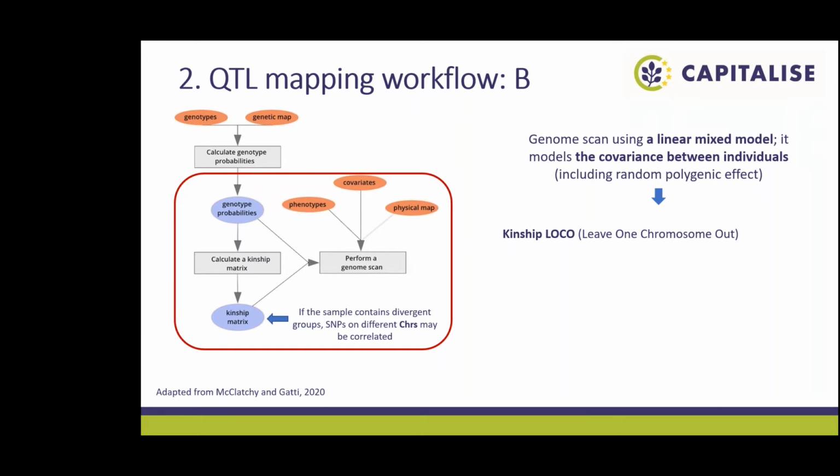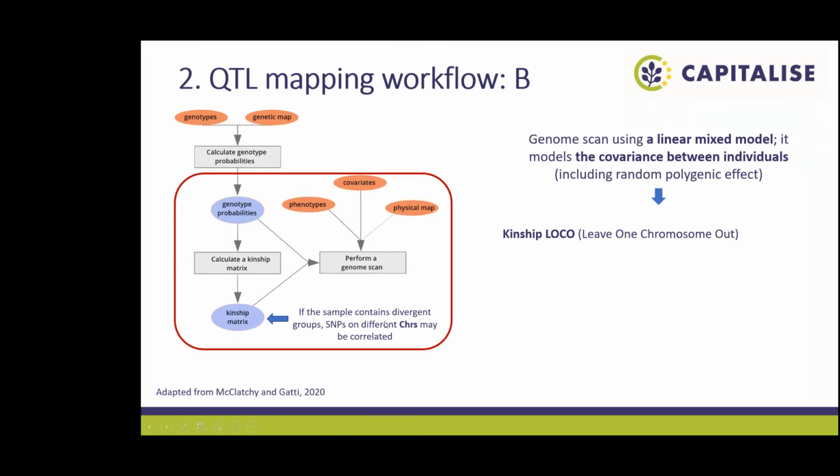So moving on, now we are ready to perform a genome scan. You can use many models. A good practice is to use a linear mixed model that takes into account a kinship matrix, which is a representation of the cryptic relatedness.